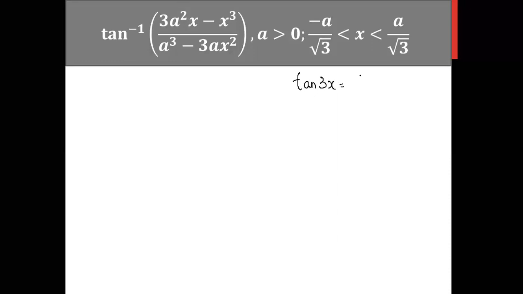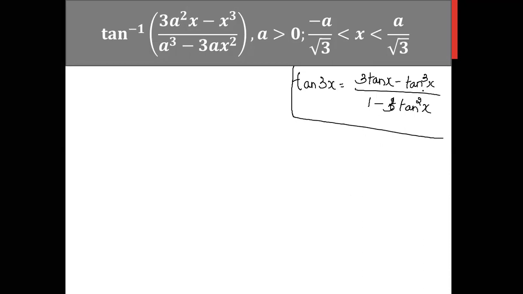So it is 3 tan x minus tan cube x divided by 1 minus 3 tan square x. Correct? 3a square x. So somewhat it is in that form, but we have a term extra.